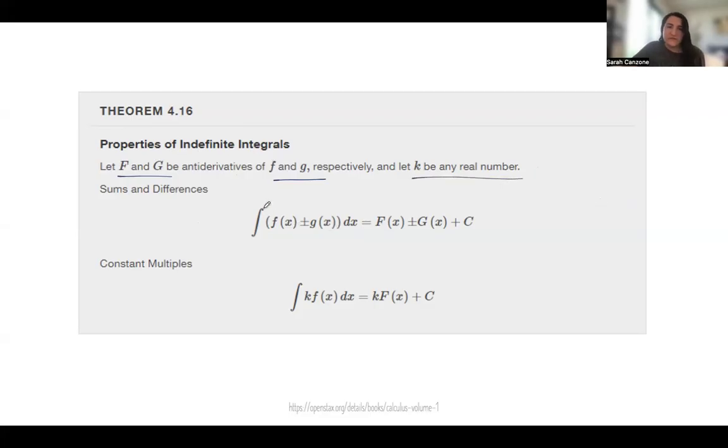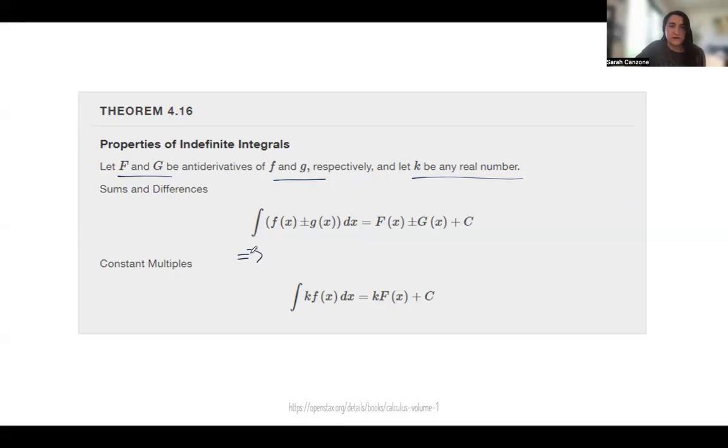So what this says is if you have the integral of f of x plus or minus g of x dx, then your integral is capital F of x plus or minus capital G of x plus c. So what this tells us is that we can integrate each term separately. And so this is the same thing.